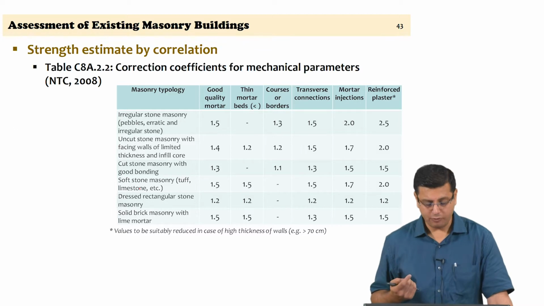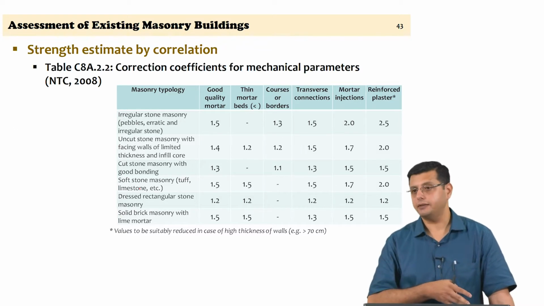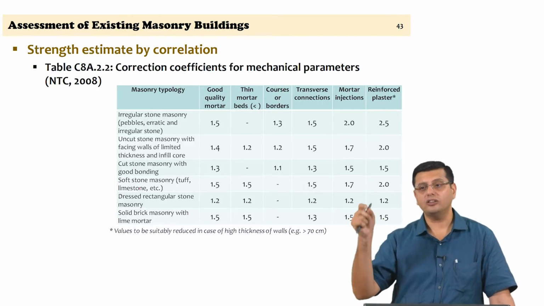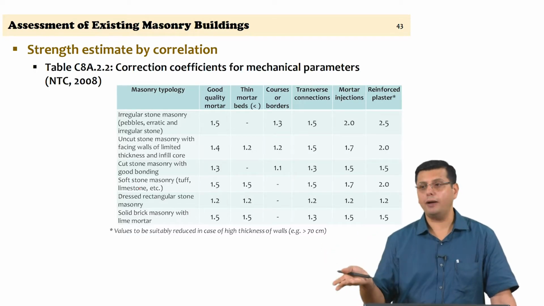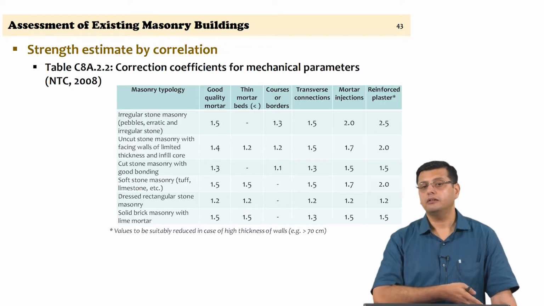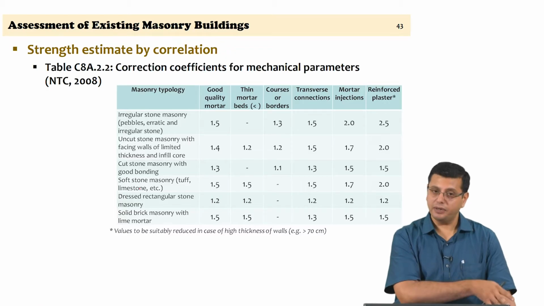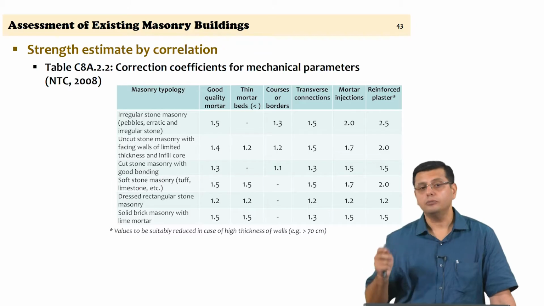This same code also gives you correction coefficients. Let us say you have identified the morphology, but then when you extracted a core, you found that the quality of the mortar is very good, or the quality of the mortar is so bad that you are uncomfortable using just the upper bound and lower bound strengths mentioned in the previous table without any reference to the quality of the mortar joint.